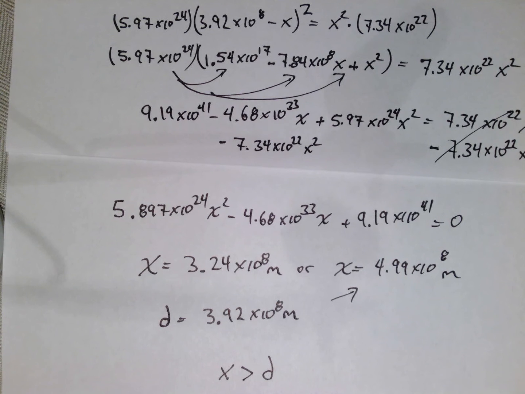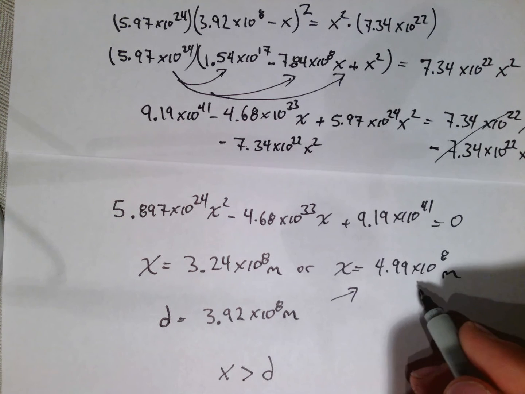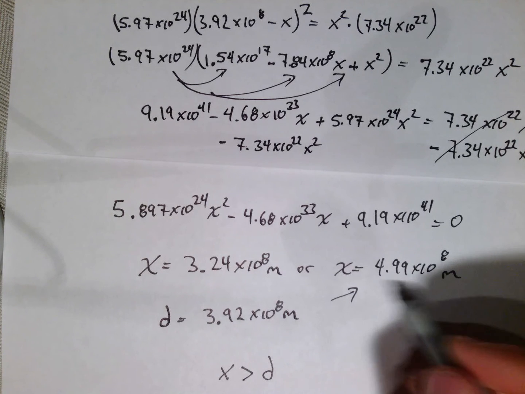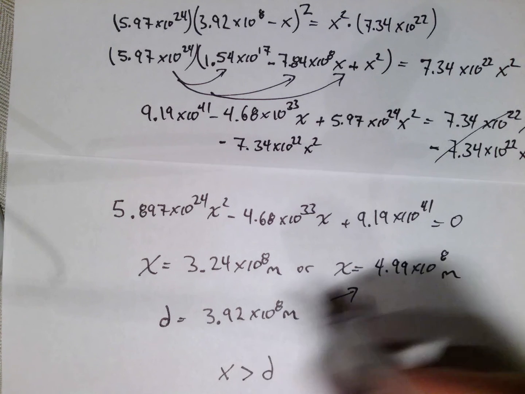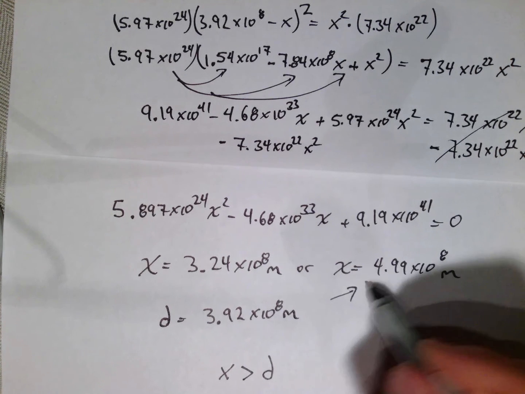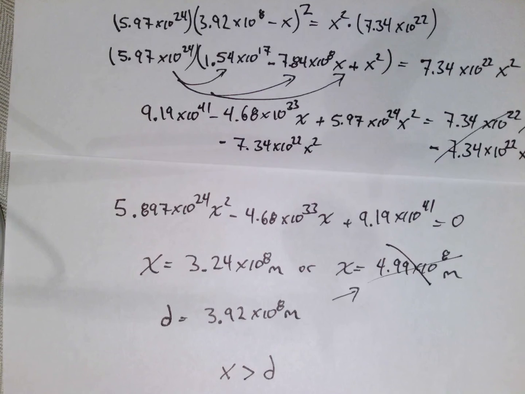Meaning the distance from the Earth to this point that's supposed to be between the Earth and the Moon is actually a larger number than the distance from the Earth to the Moon. That's physically impossible. So this value here is not a possible answer. You can see it's much larger than D, meaning that this isn't a possible answer. We have to exclude it.